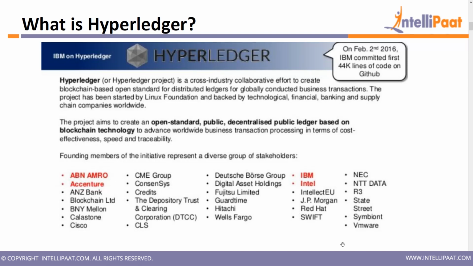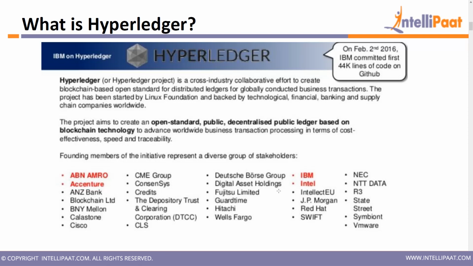Below is the list of founding members of Hyperledger: ABN AMRO, Accenture, ANZ Bank, Blockchain Limited, BNY Mellon, Calastone, Cisco, CME Group, Consensus Credits, the Depository Trust and Clearing Corporation, CLS, Deutsche Börse Group, Holding, Fujitsu Limited.